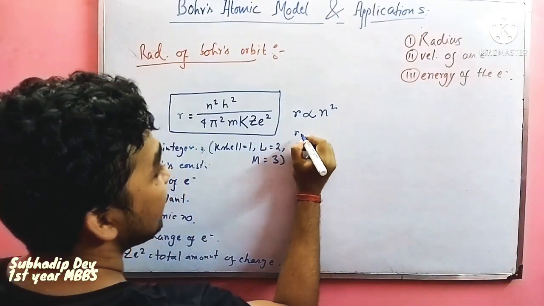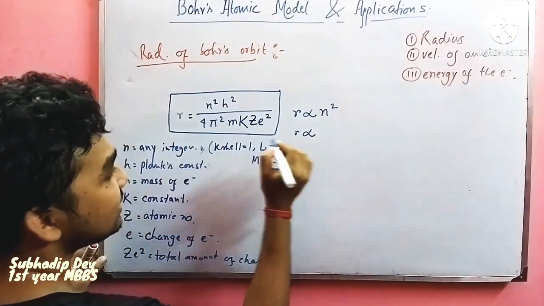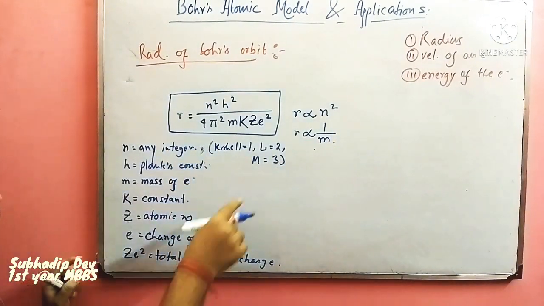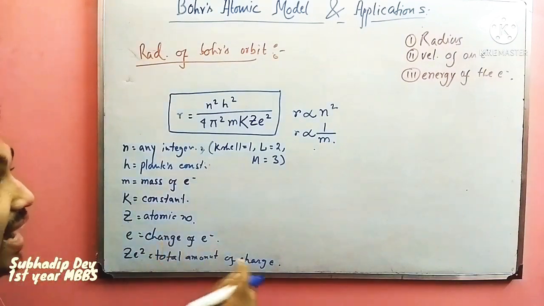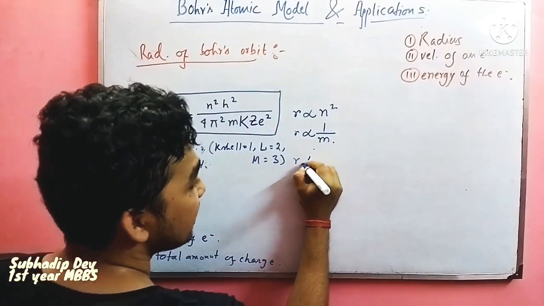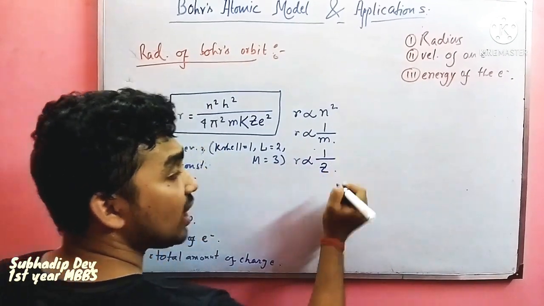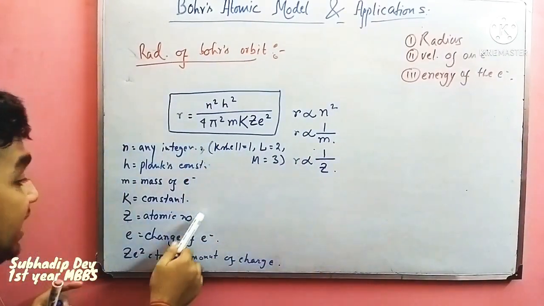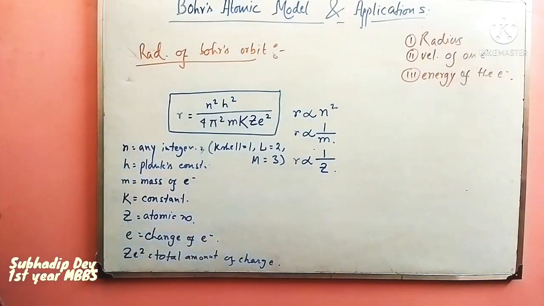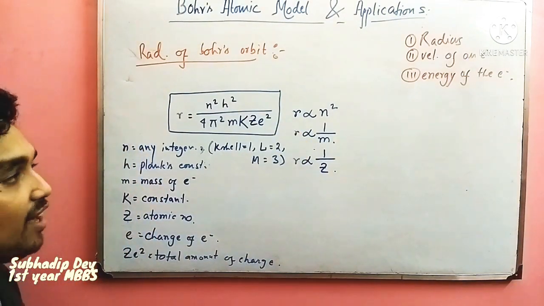Now radius is inversely proportional to the mass of the electron. And next, radius is also inversely proportional to z, the atomic number, and e square is also a constant value.